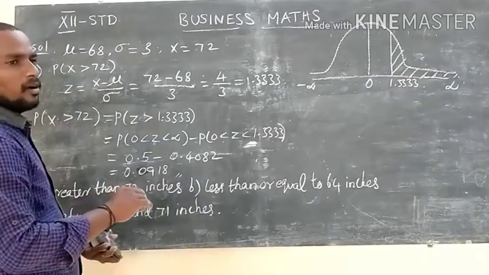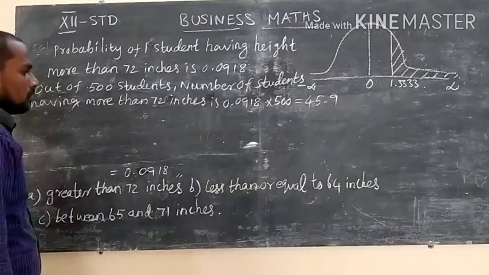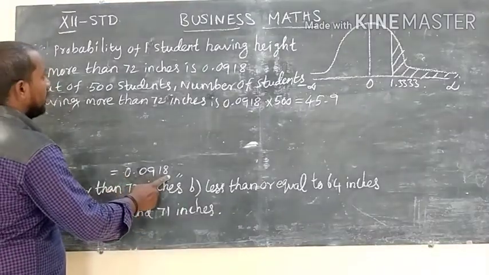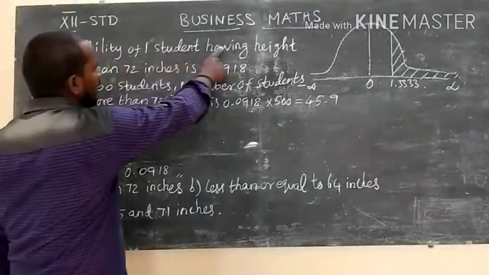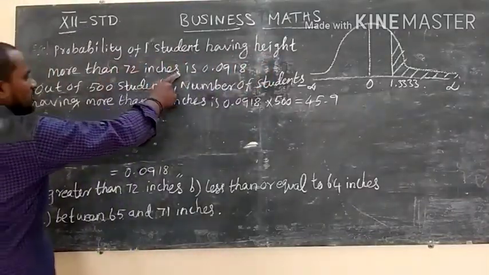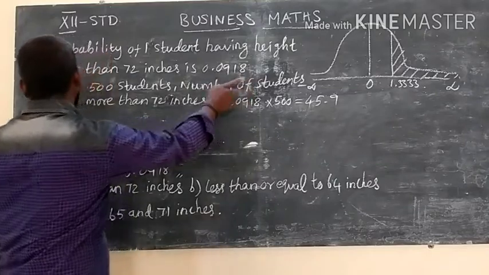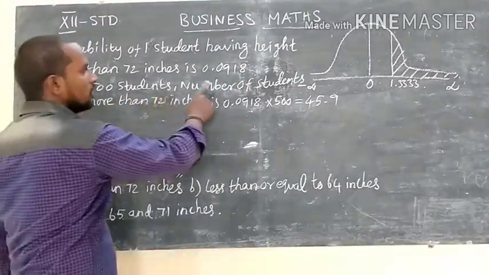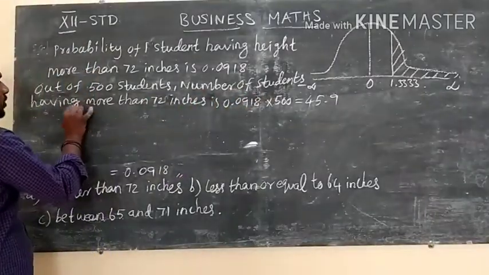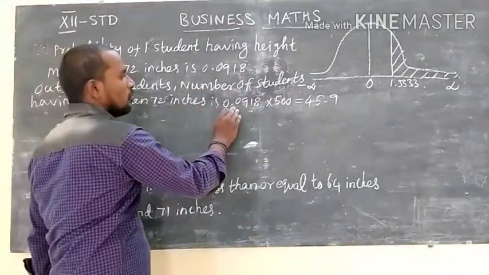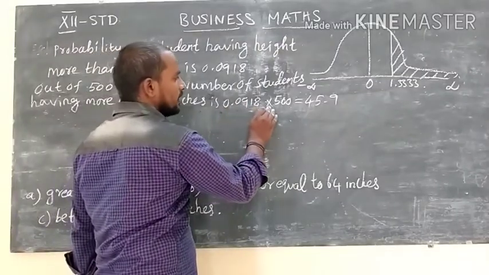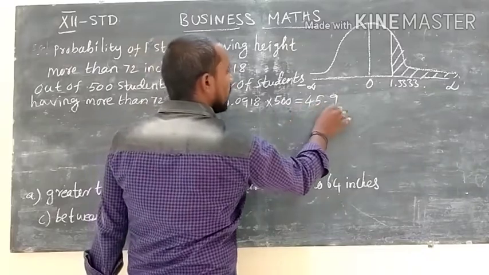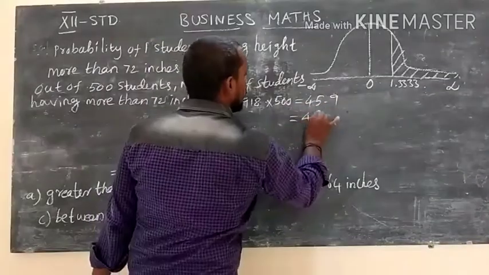What is the probability for 500 students? Dear students, the probability for one student is 0.0918. Therefore, the probability of one student having height more than 72 inches is 0.0918, and the total number of students is 500. So, out of 500 students, the number of students having more than 72 inches is 0.0918 times 500, which gives 45.9, approximately equal to 46.